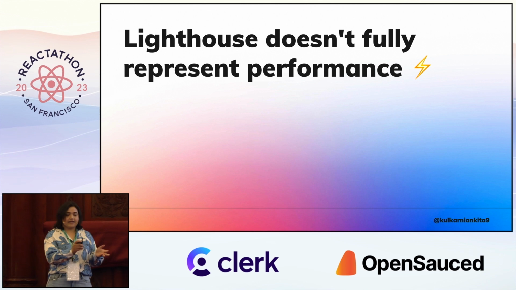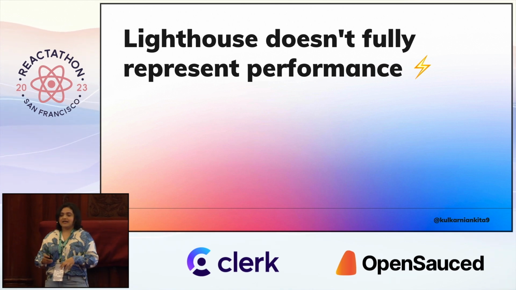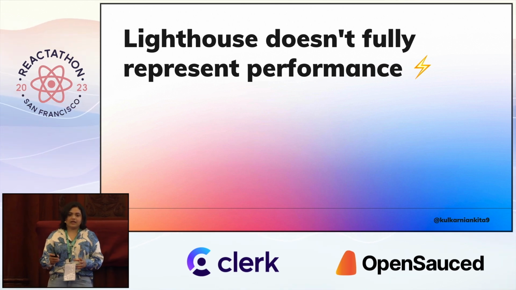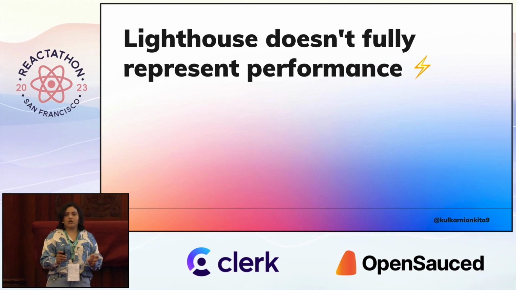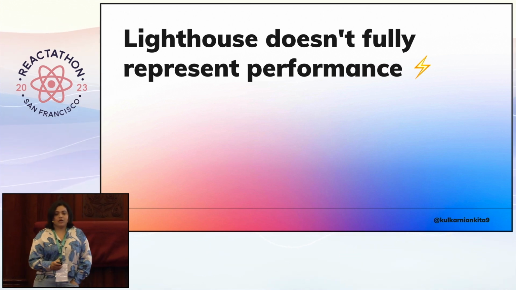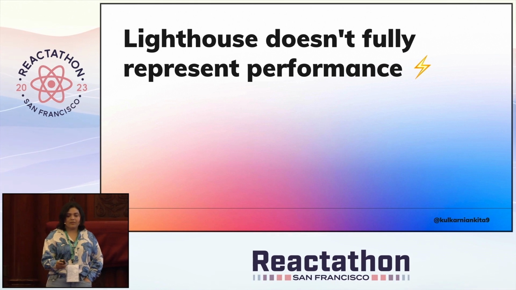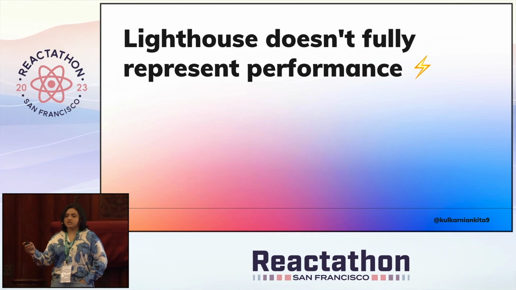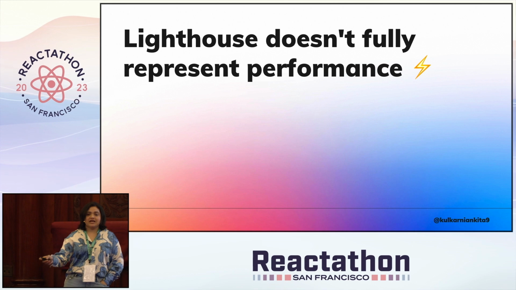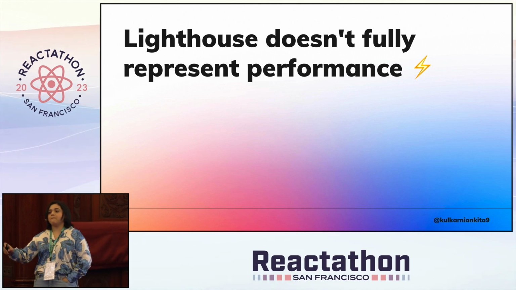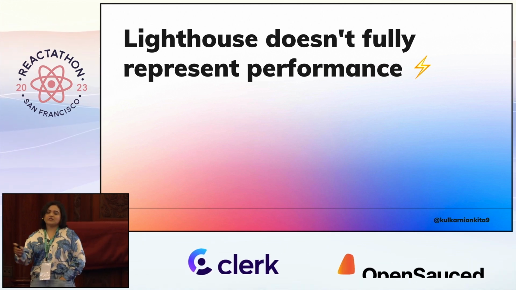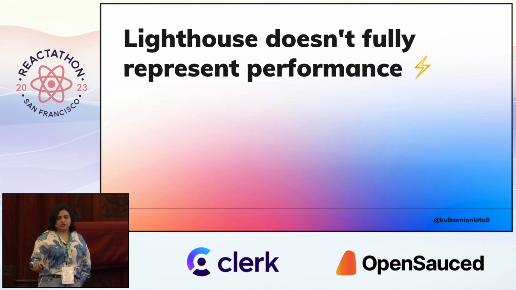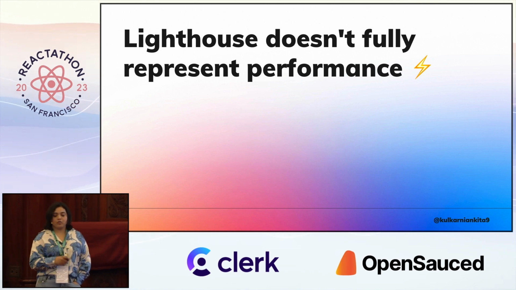Because 99 in Lighthouse is basically an average that they take just to understand, on average, how much time it would take to measure the performance of an app, but it doesn't really represent production. You still need to do all these different practices, and Lighthouse can be the first step, but there are many more steps that we talked about in this specific talk that you want to do as part of your performance.